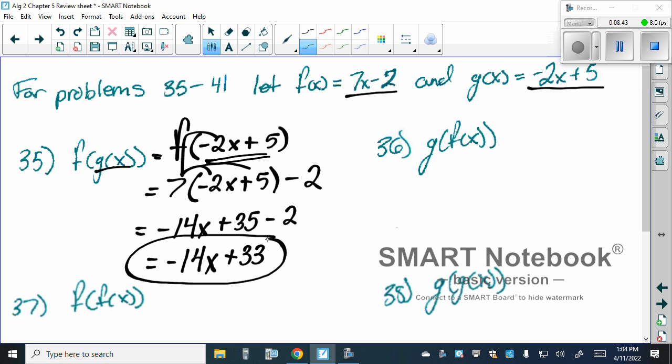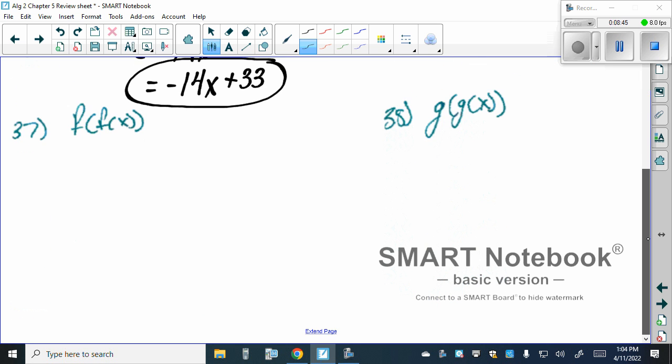38. g of x. Now again, we're going to start from the inside out. So we'll start with g of x. Now g of x is our negative 2x plus 5. Now with the one that we just did, we took the negative 2x plus 5 and plugged it into f of x because we were talking about f of negative 2x plus 5. Now here we're talking about g.